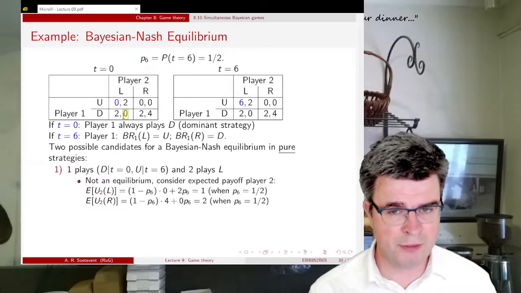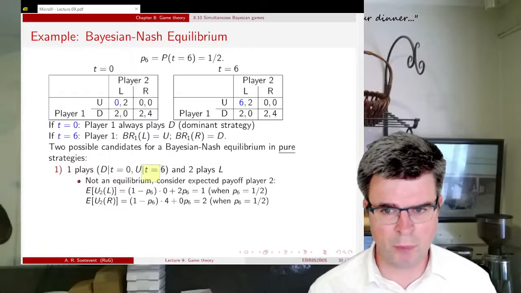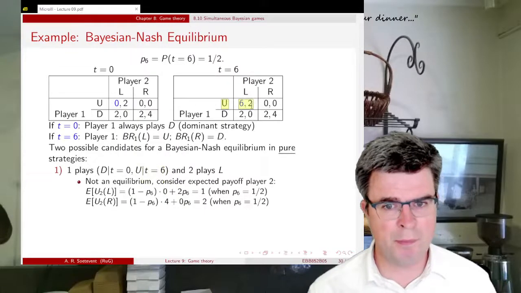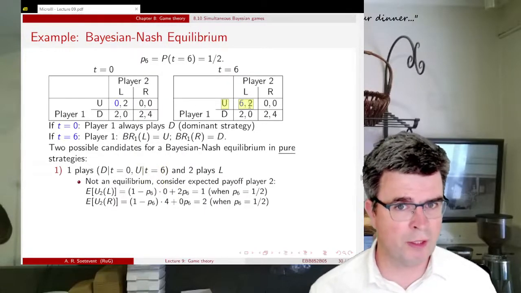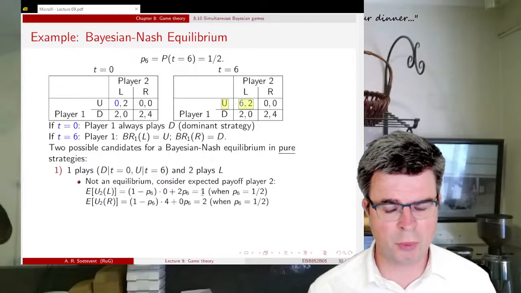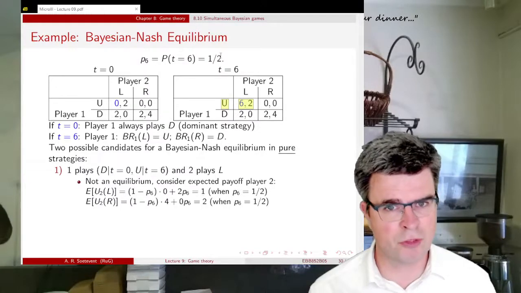With probability P6, player 1 is of type T is 6, in which case player 1 will play up. And if player 1 plays up, the payoff to player 2 will be equal to 2 if player 2 plays left. So the expected payoff to player 2 in this case is 1 if P6 is equal to 1/2, as we have assumed.